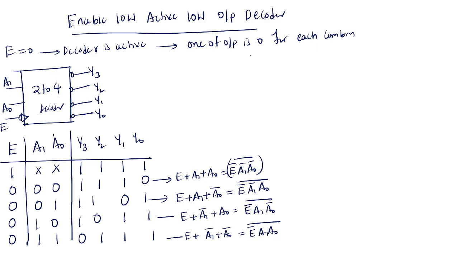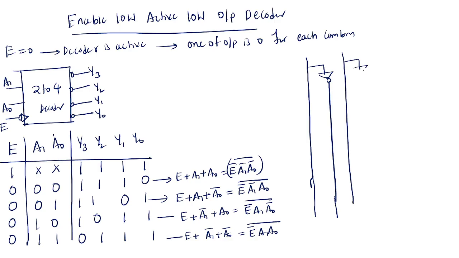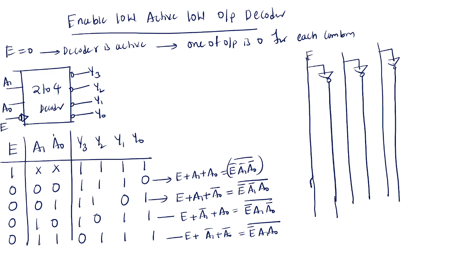So coming to the logic circuit, E is given through an inverter, A1 through an inverter, and A naught through an inverter. E, A1, A naught. What is my first equation? E bar, A1 bar, A naught bar connected with a NAND gate.